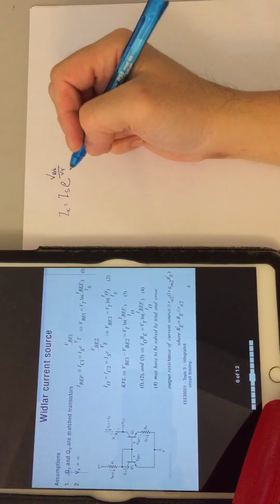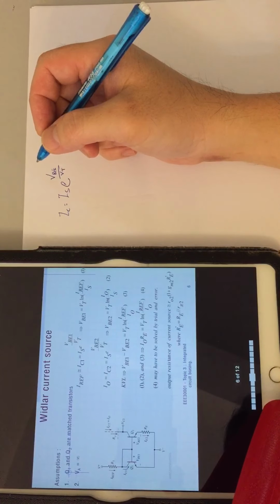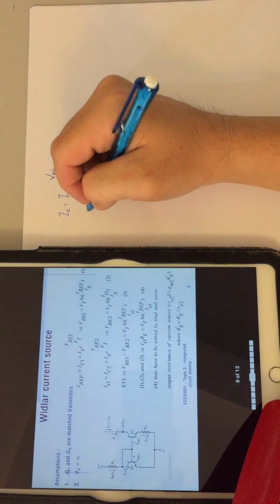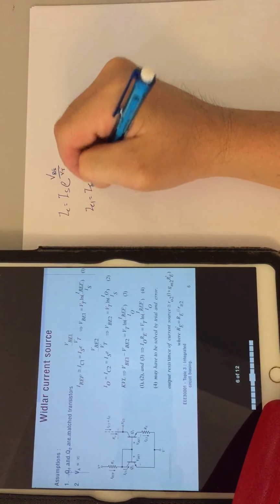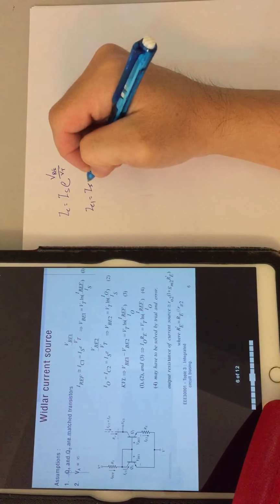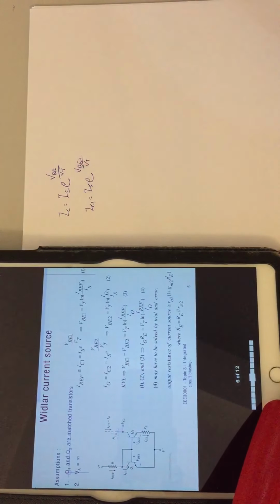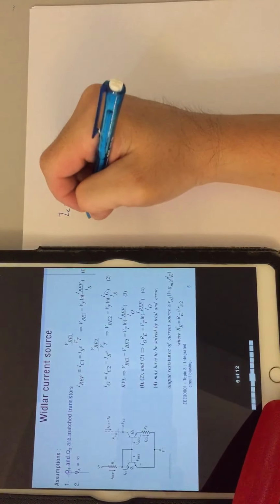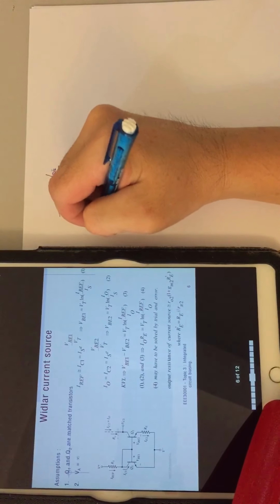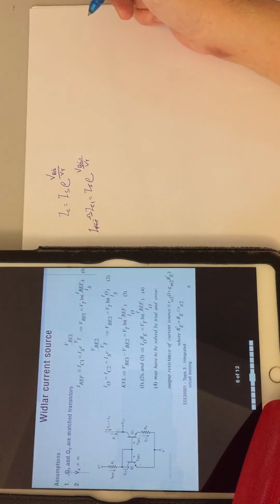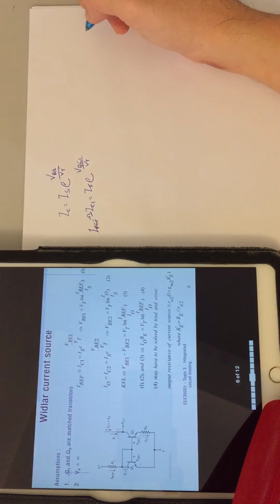So we derive an equation for transistor Q1, that is IC1 equals IS multiplied by exponential to the power of VBE1 over VT, and this is approximately equal to I reference, the DC current flowing through the resistor R1.